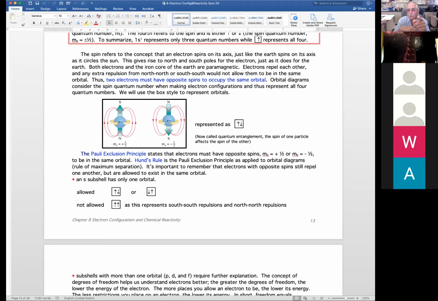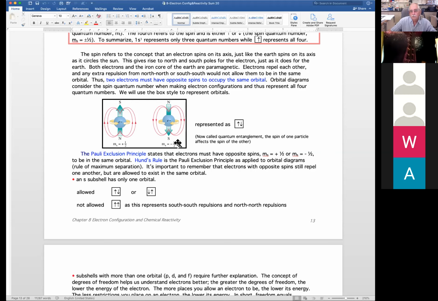If the Earth is spinning one way, you have north and south. If it stops and spins the other way, north and south are going to be reversed. It's a similar thing with an electron. Electrons are paramagnetic. So if it spins in one direction, you have north and south this way, that's given a +1/2. If it spins the other way, it becomes a -1/2.